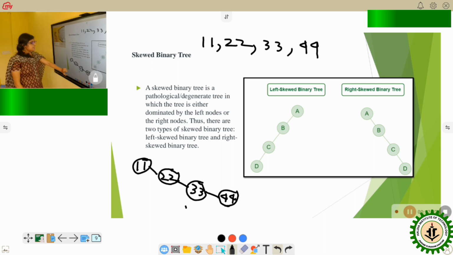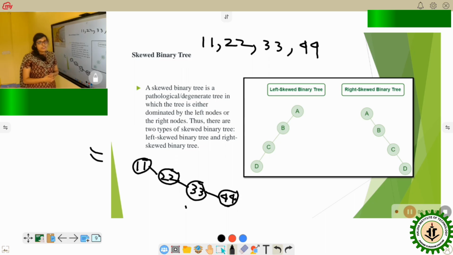Why? Because 22 is greater than 11, so we cannot place this key in the left part of the binary search tree. It will always go to the right part, as a right child of 11. 33 will be created as a right child of 22. 44 will be created as a right child of 33. So this tree is a right skewed binary tree.